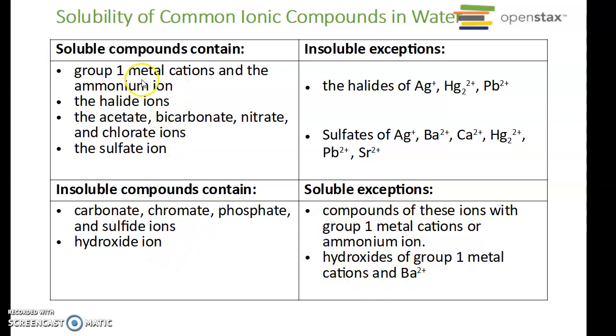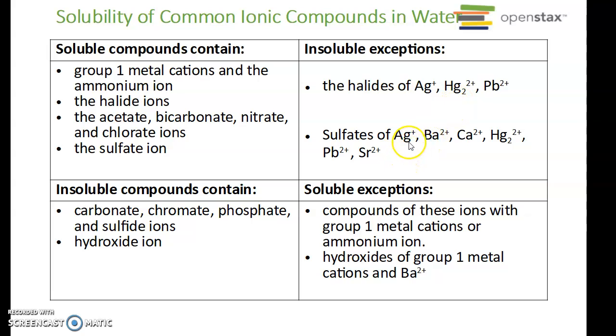Insoluble compounds containing these, soluble exceptions to these. The group 1 metal cations and ammonium ion are usually soluble. Halide ions, acetate, bicarbonate, nitrate, chloride ions, and the sulfate ion are soluble, but the sulfates of these particular ones are not soluble. The halides of these are not soluble.